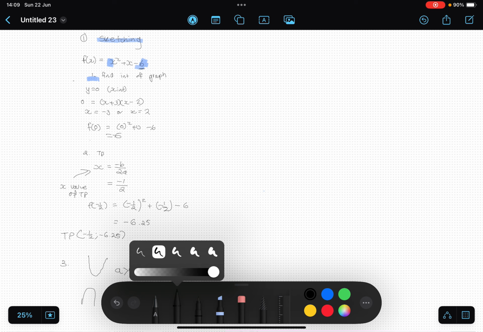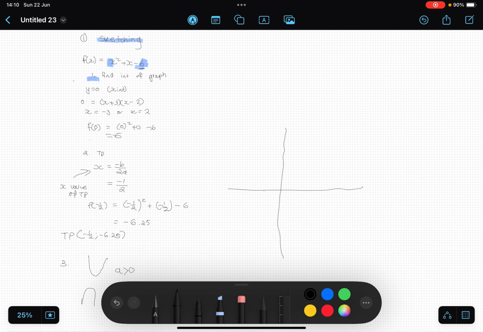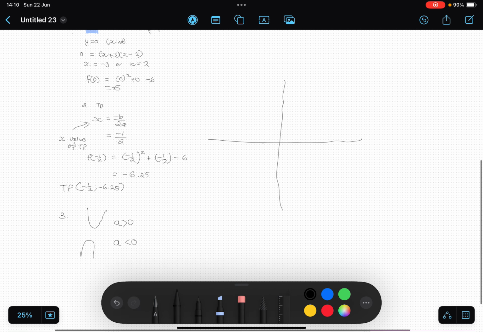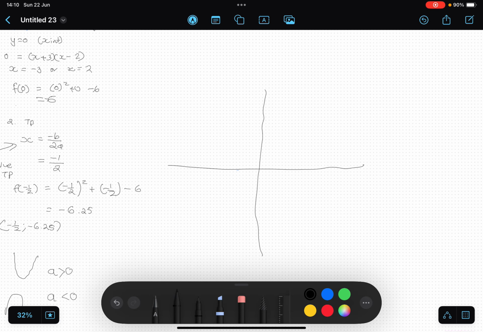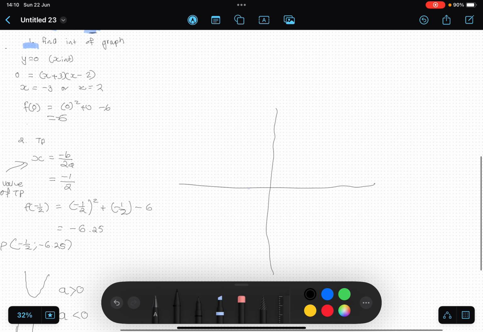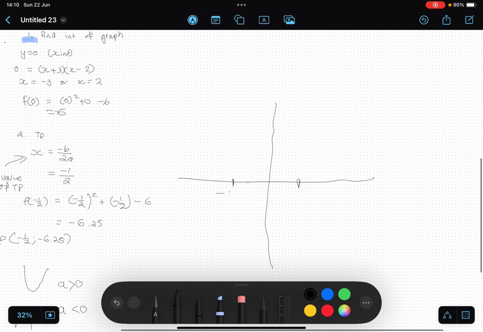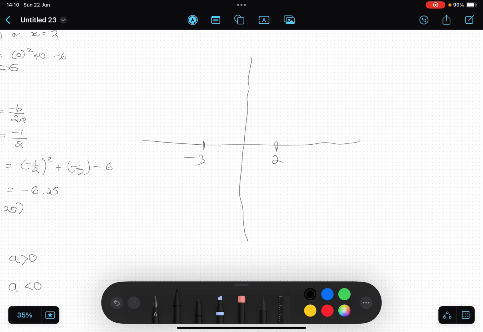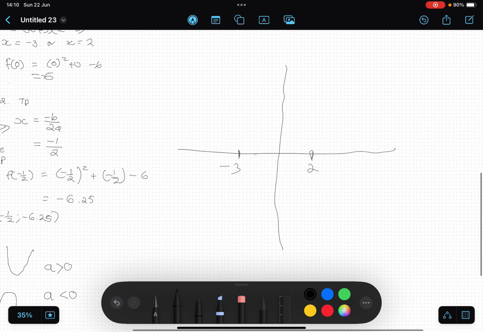And now we're going to just plot this quickly. It will be minus 3 and 2, just doing a general sketch. And then minus a half and minus 6, so it's going to be down here somewhere.